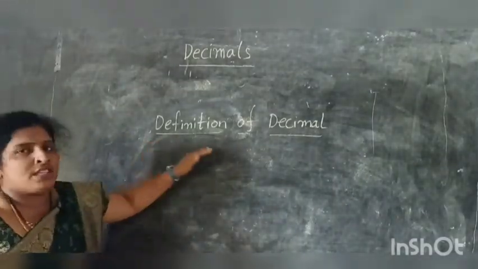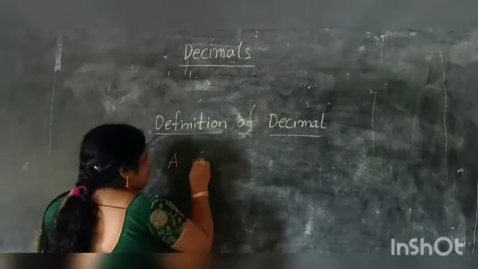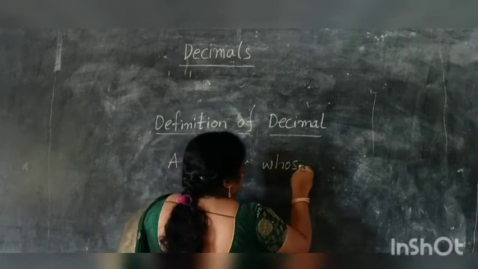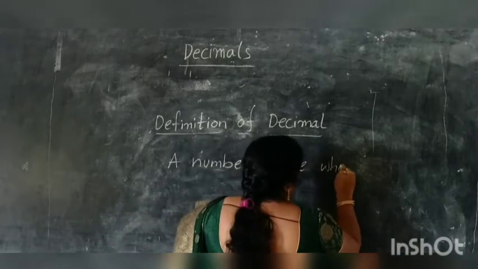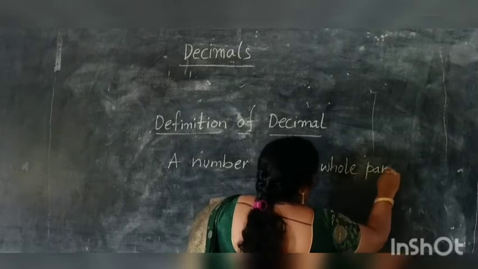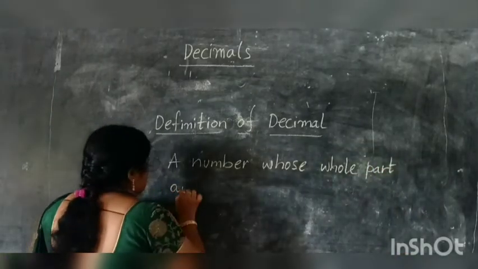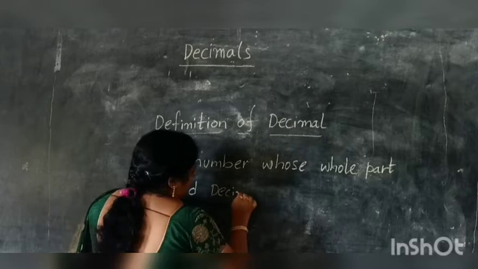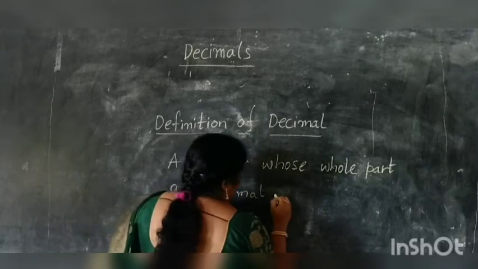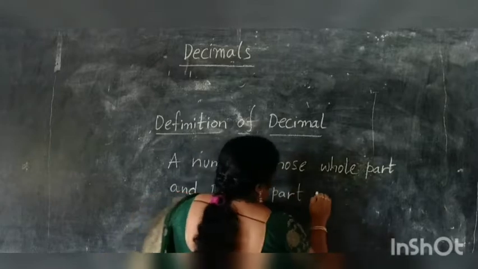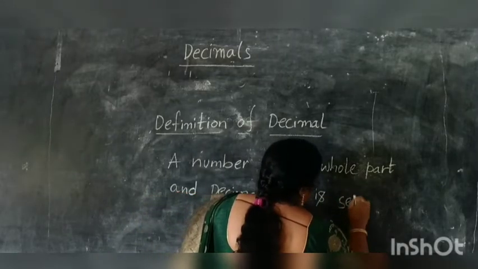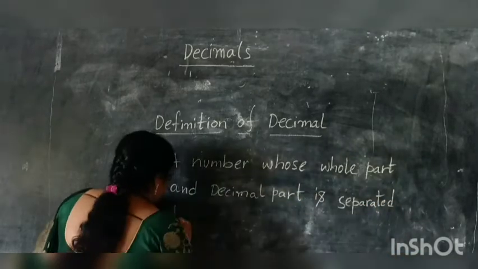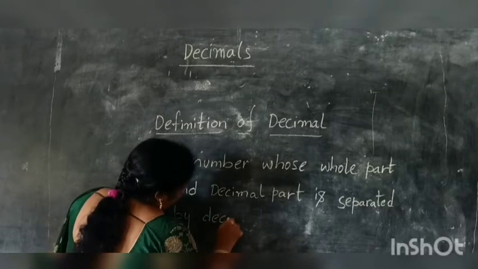The next one is the definition of decimal.